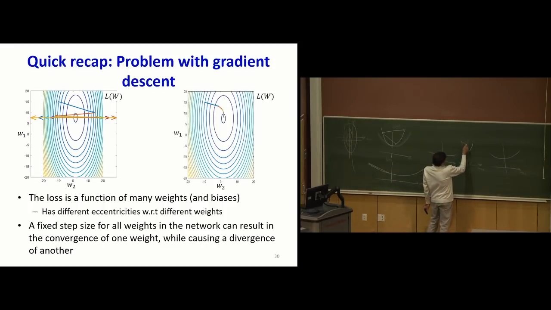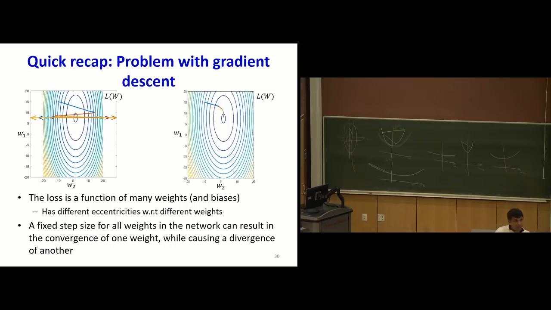I'm going to take the smallest optimum step size across all directions. And those corresponding step sizes are going to be too small in every other direction. As a result, your convergence is going to slow down to a crawl.